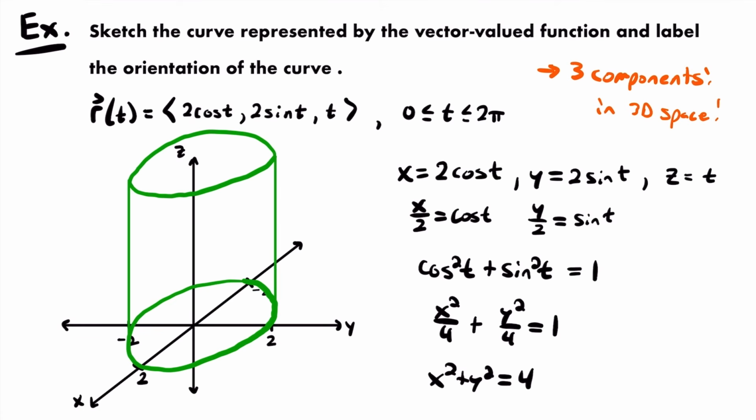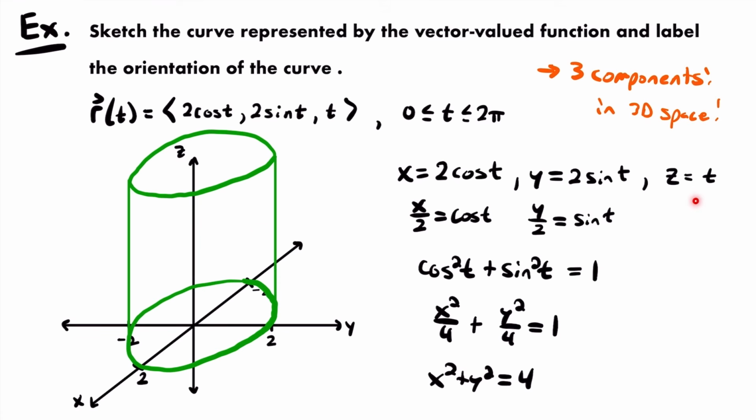Now, you might be saying to yourself, well, wait a minute, we didn't use that z component at all. What about the z component? What is going on here? Well, I want you to think about it like this. From the x and y components, we found a surface that the points of our curve are going to be contained within, but then it will be the z component's job to determine the actual shape of that curve within that surface, okay, or within that cylinder.